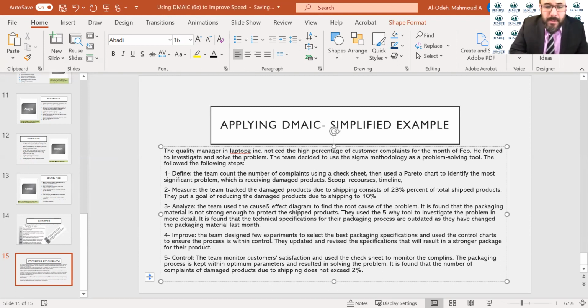They put the goal to be 10%, to reduce that to 10%.